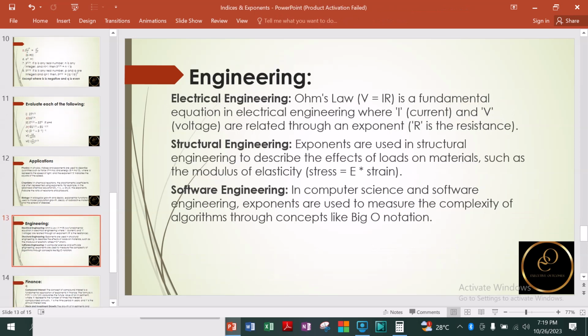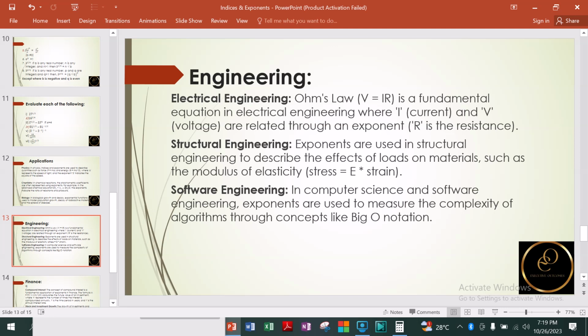In engineering, for instance, the electrical engineer, we have Ohm's law, which is a formula where I is the current and V is the voltage. So voltage is equal to current times resistance, R is resistance. So in engineering, you have these applications.